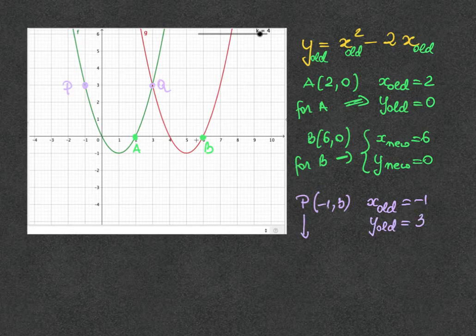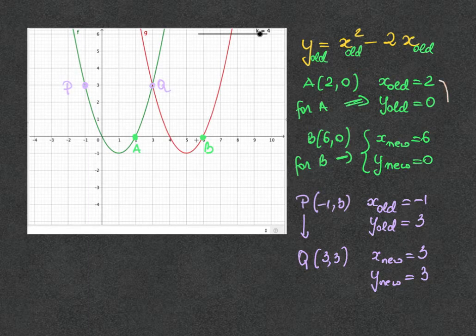Point P is translated into point Q of coordinates 3, 3. So x new is 3, y new is 3, the same 3. So we see how, because we translated horizontally by 4 units, from the x old to the x new we add 4 and y stays the same.